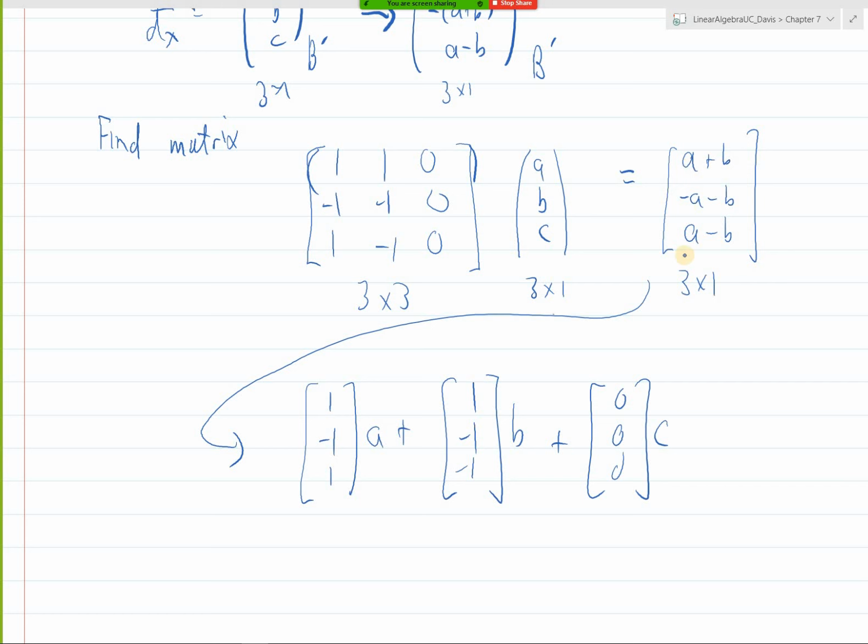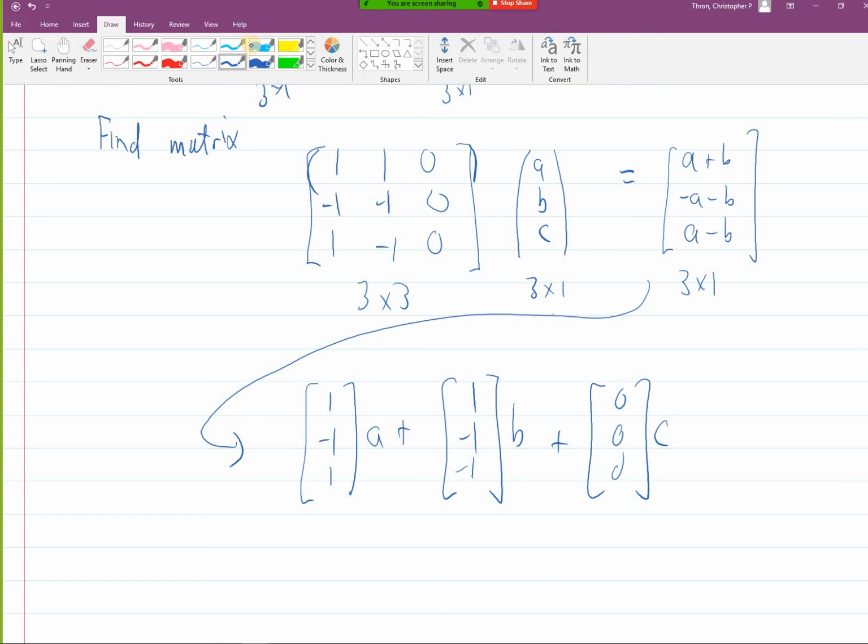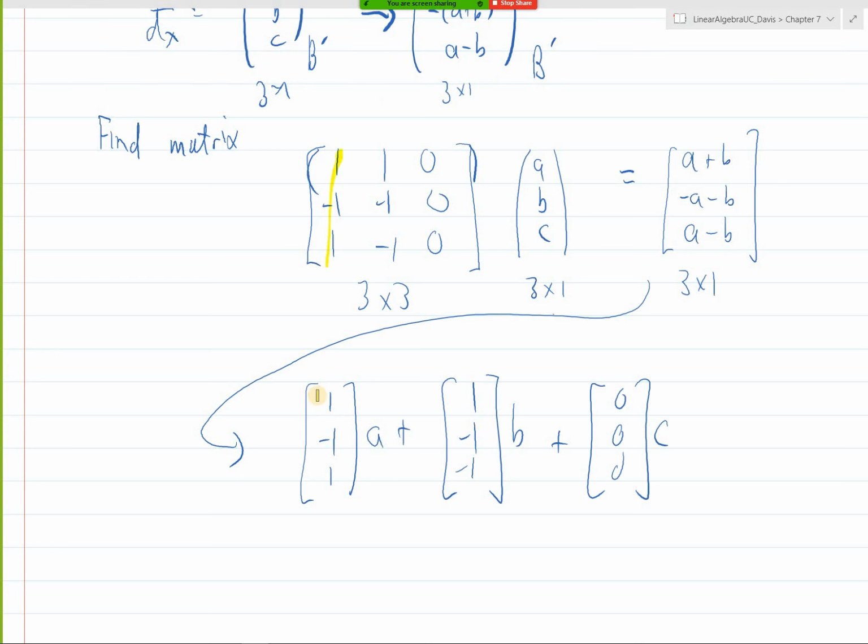If I break this up into the A part, the B part, and the C part. So notice what we have here. These are just the columns, right? This is this column, and this one is this column, and this one's this column. So you can get it by columns.